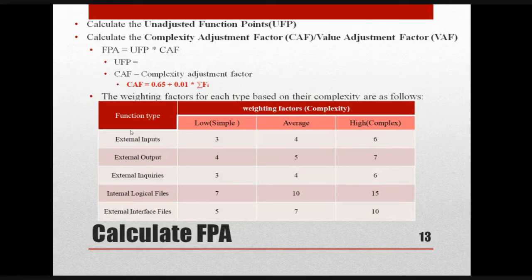You will be giving an input. That is mandatory. And you'll be getting an output. That is mandatory for any project. And then for getting the output, you may be accessing some files. So that is your external inquiries, and you will be accessing the internal logical files and the external interface files. So all these things will be there. These are mandatory, that is why it is the function type.